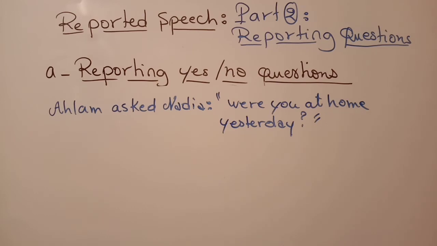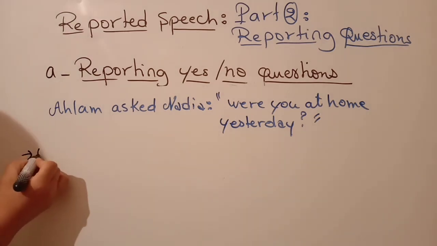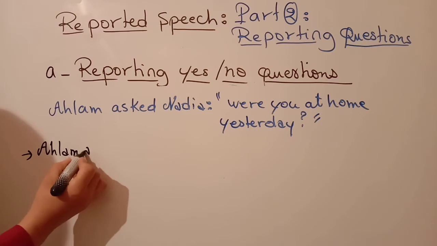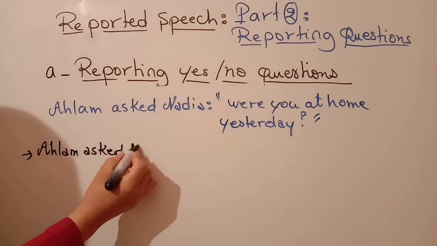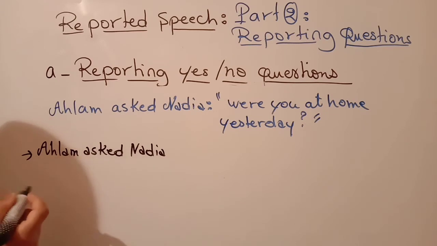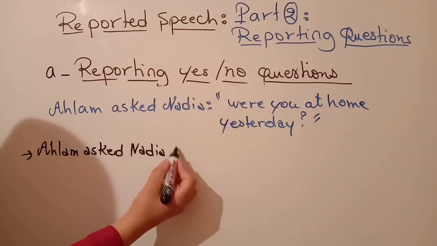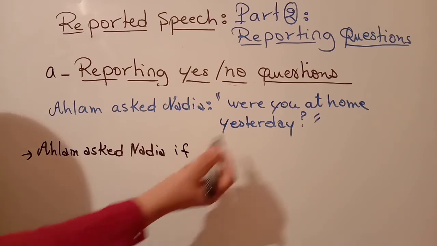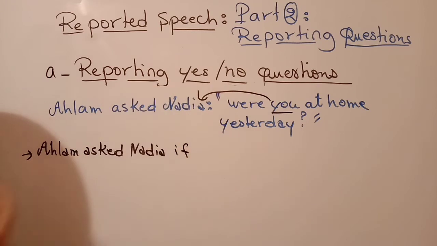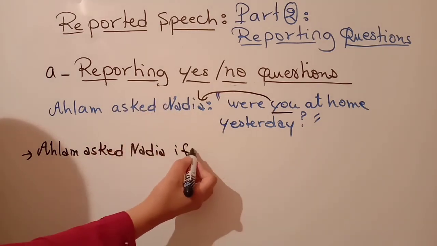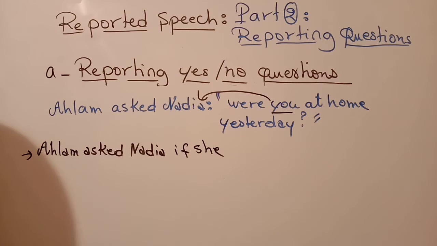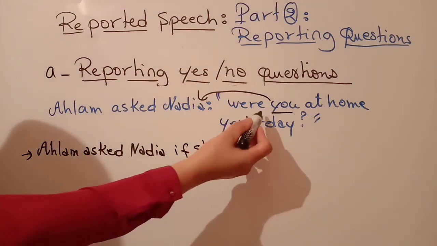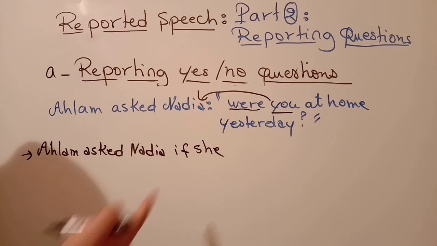Another example: Ahlam asked Nadia, "Were you at home yesterday?" So Ahlam asked Nadia, no change. The link is if or whether. So Ahlam asked Nadia if she. You, the subject, refers to Nadia, so Nadia is she. What is the verb? The verb is to be, in simple past.